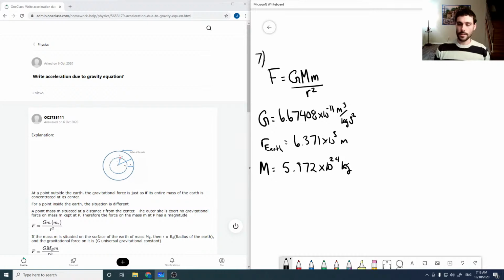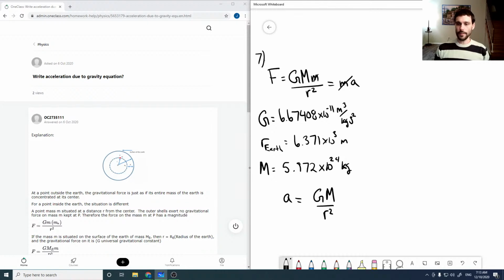And the little m doesn't matter. The reason for that is because our gravitational force is equal to our mass times our acceleration. So the little masses cancel, which means our acceleration due to gravity is just GM over r squared.